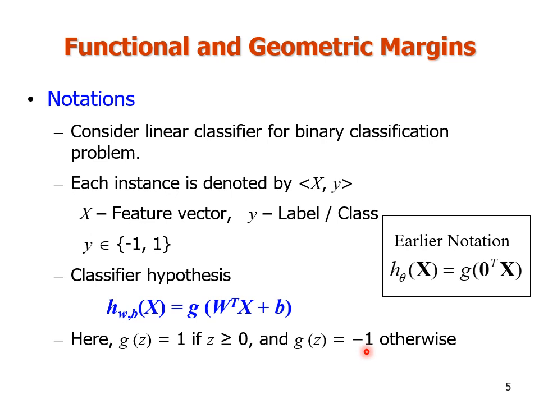This w and b notation allows us to explicitly treat the intercept term b separately from the other parameters. So let us recall our earlier notations and try to relate the old ones with the new notations. Here b is equivalent to theta 0 according to our old notations, and w takes the role of the vector theta 1, theta 2 up to theta m.